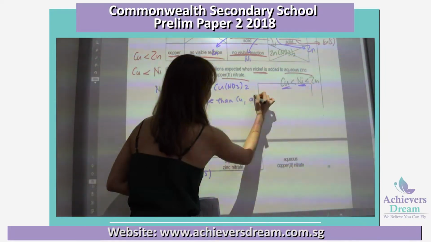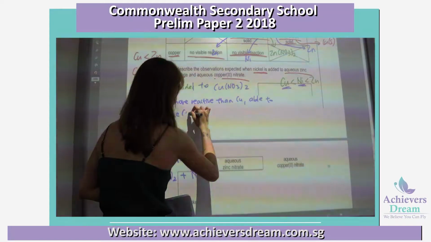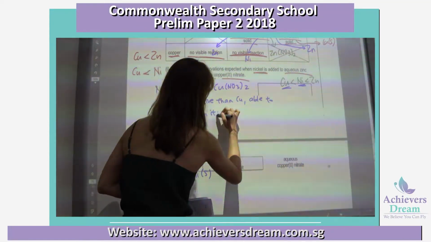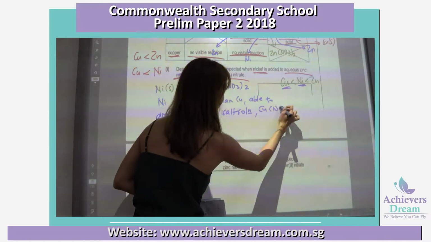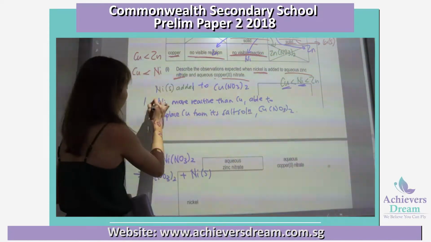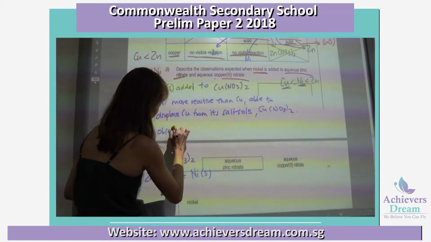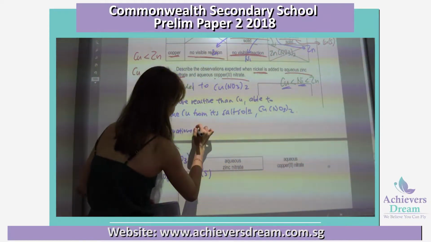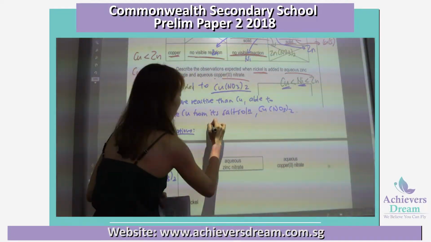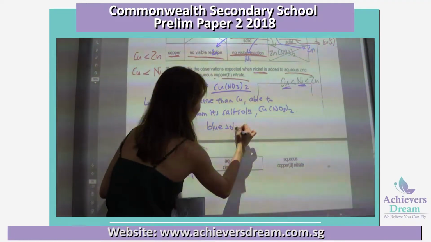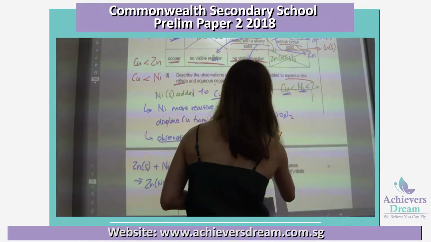So it is able to displace copper from its salt solution, which is copper nitrate. Correct? So what would the observations be? The initial color of copper 2 nitrate is a blue solution. Correct? So I'm going to adopt the phrasing from here. Your blue solution turns to what color?